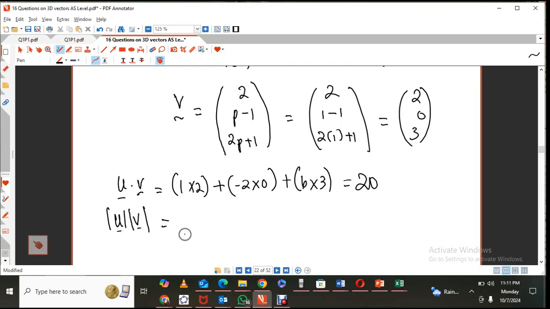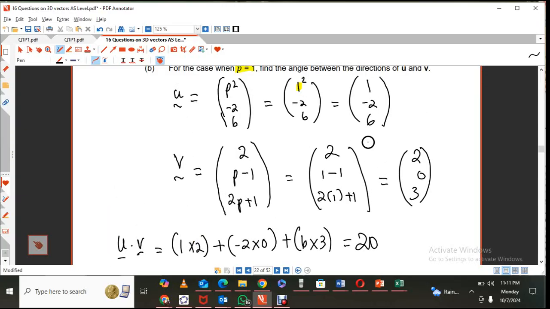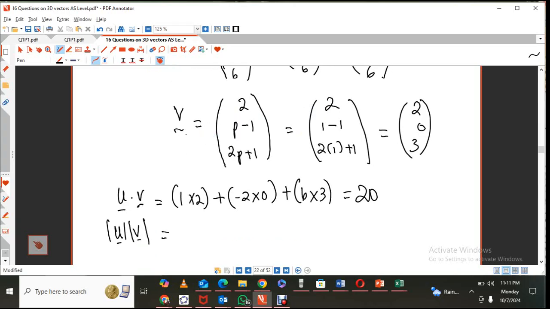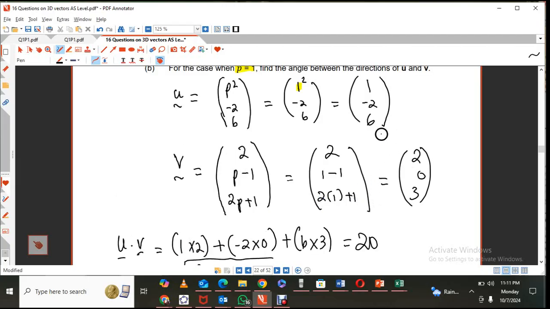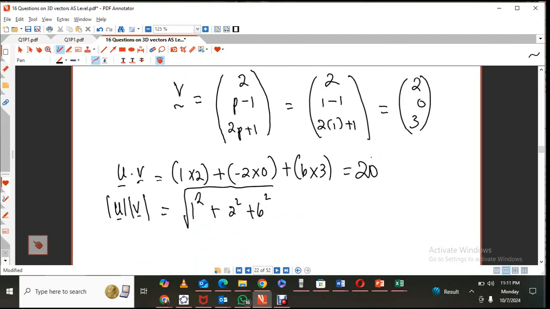So magnitude of u will be 1 squared plus 2 squared plus 6 squared. Of course, you can put that 2 squared in the negative in the brackets if you want to. And this is going to multiply with v, which is 2 squared plus 3 squared.